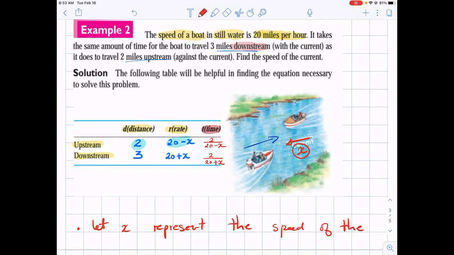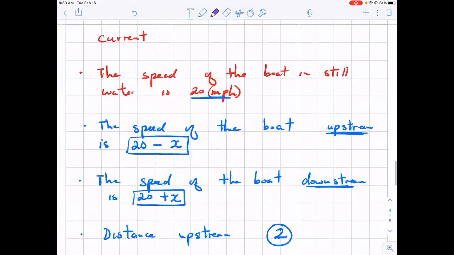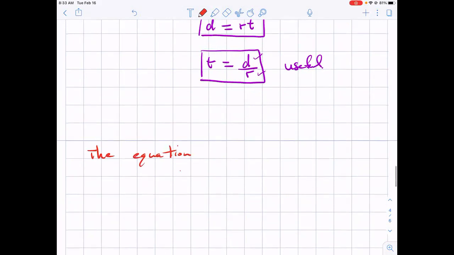So the times are equal based on their distance, and that's our equation: 3 over 20 minus x, because the time is the same, is equal to 3 over 20 plus x.